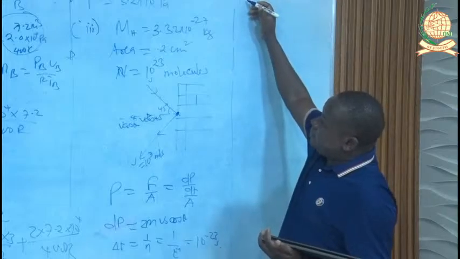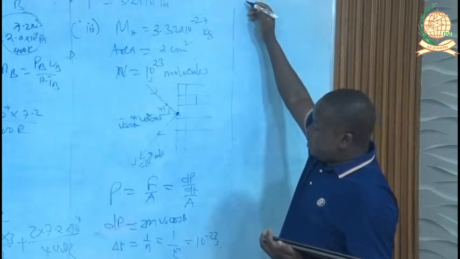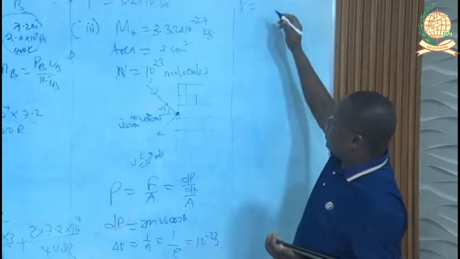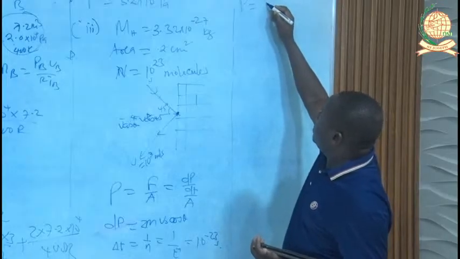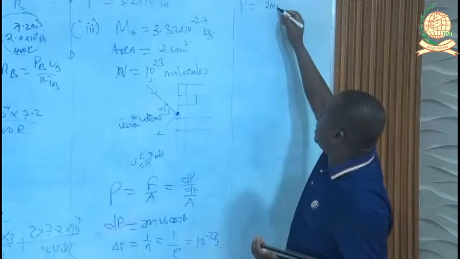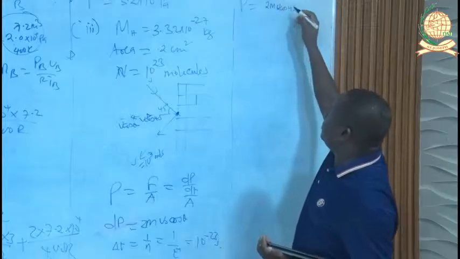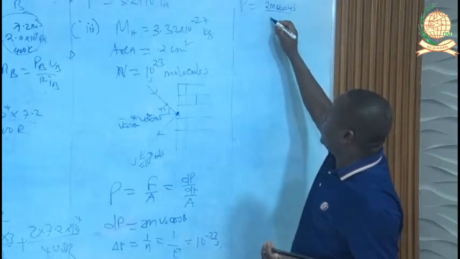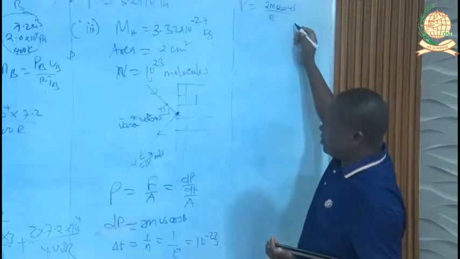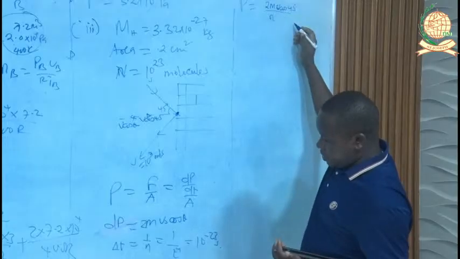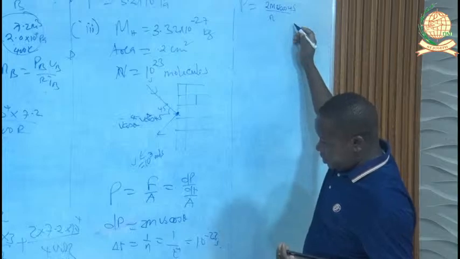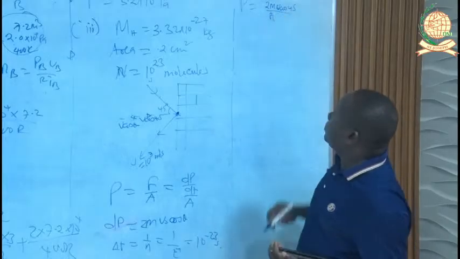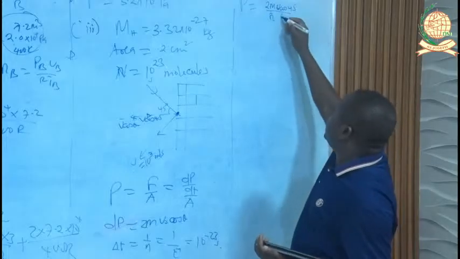Now, what is missing? Pressure equals the rate of change, which is twice mass times velocity times cosine of 45, that is the change in momentum, divided by time, which is 1 over n, and times the area.